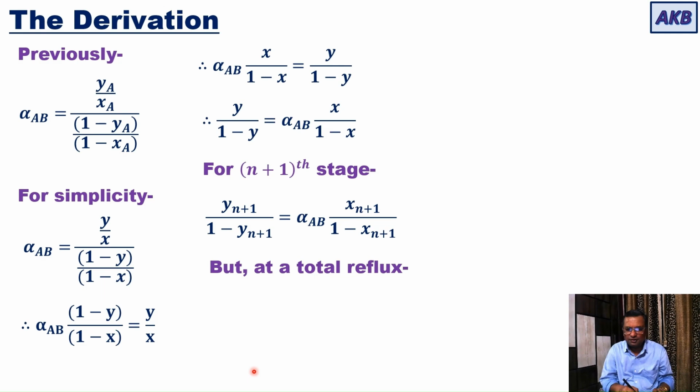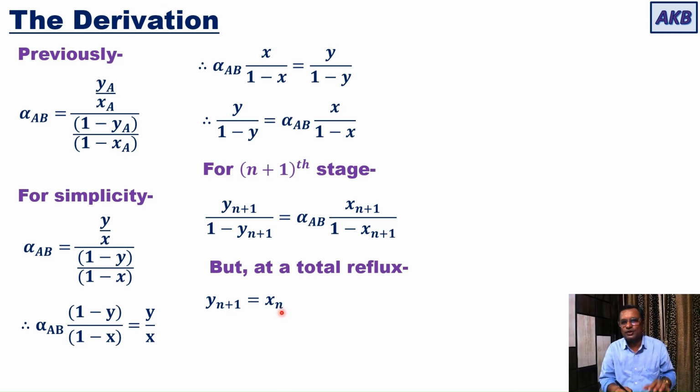But at total reflux, what we know is yn plus 1 is equal to xn. That is, the operating lines for the rectifying section and for the stripping section both coincide with the diagonal line. I have discussed this in my video on distillation under total reflux.